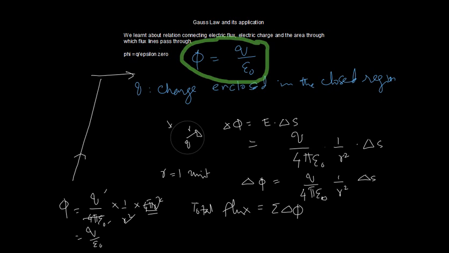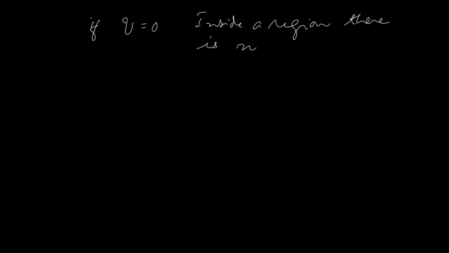So what this says is that, for example, if q is equal to 0, that means inside a region there is no charge. If there is no charge, phi is equal to 0 by epsilon naught, which is 0.